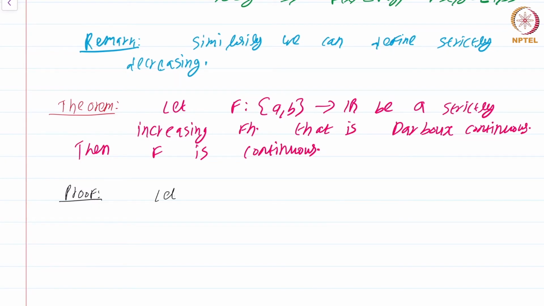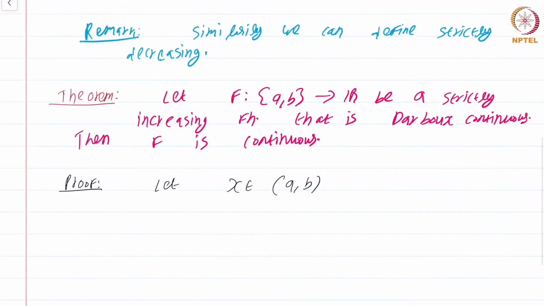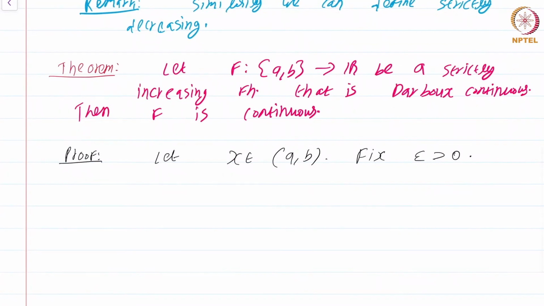So let x be a point in (a, b). Okay. First let me take the special case when it's an interior point. The argument for the endpoints is going to be left as an exercise to you. Fix epsilon greater than 0. Then observe that f of a is strictly less than f of x, is strictly less than f of b.